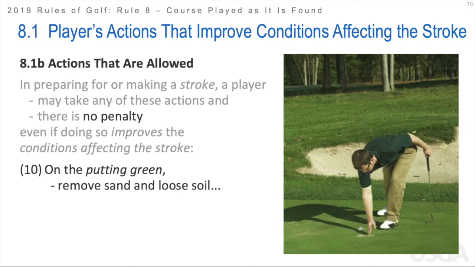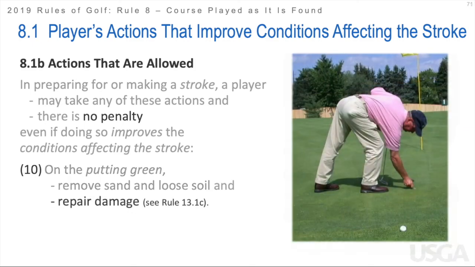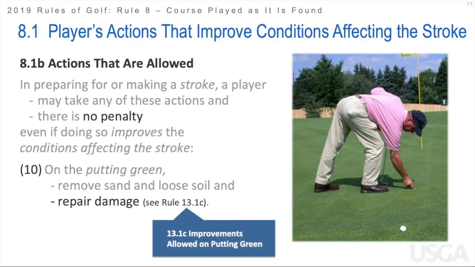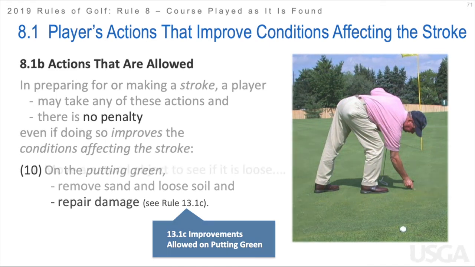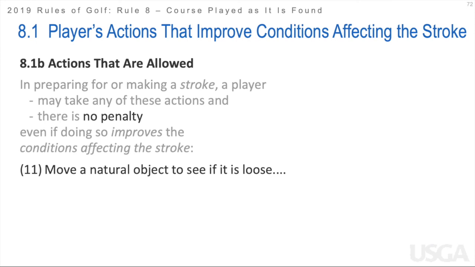Okay, on a putting green, we can remove sand and loose soil. We can also repair damage, and we're going to talk specifically about that in a subsequent video in this series. We're also allowed anywhere on the course, because when we get to the loose impediment and movable obstruction portion, you're going to notice that there's certain rules that tie into what you can do with loose impediments.